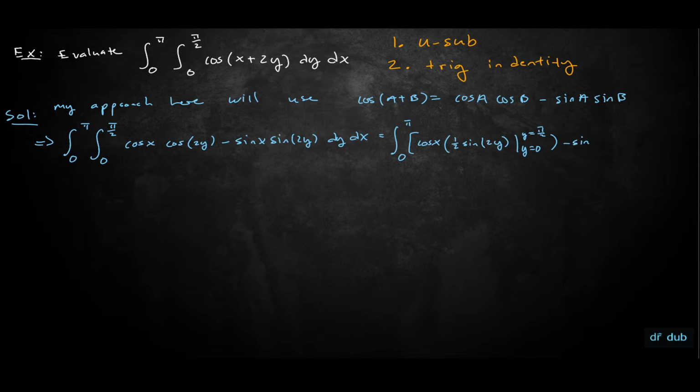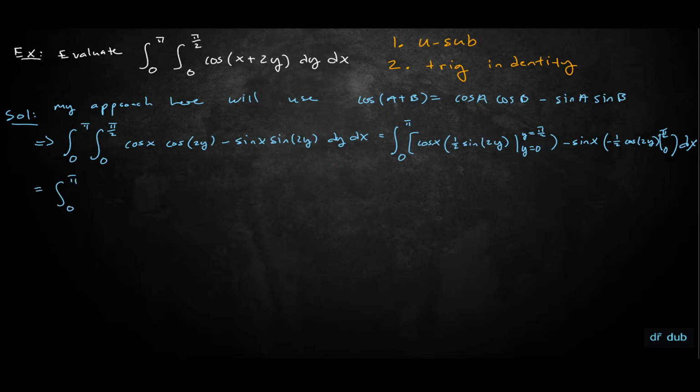Minus sine x is like a constant. Integral of sine of 2y is negative 1/2 cosine 2y from y equals 0 to pi over 2, and then dx. So now plug in the bounds.